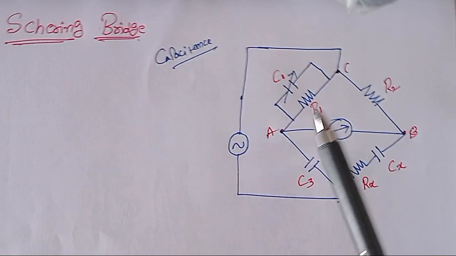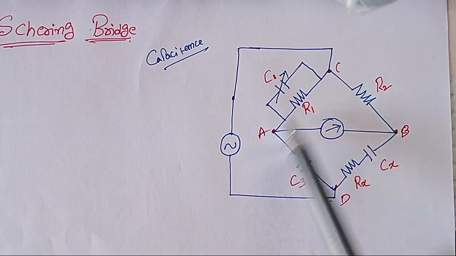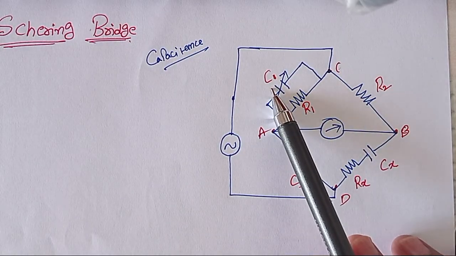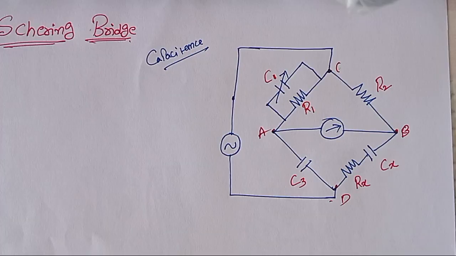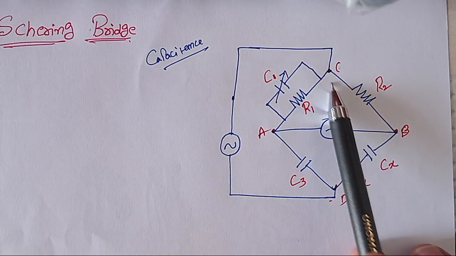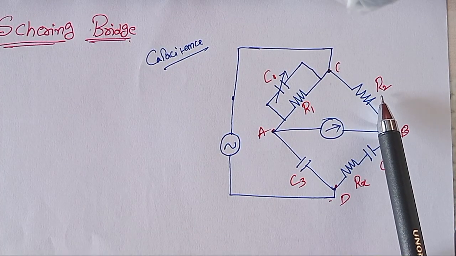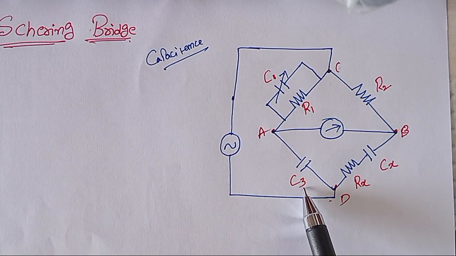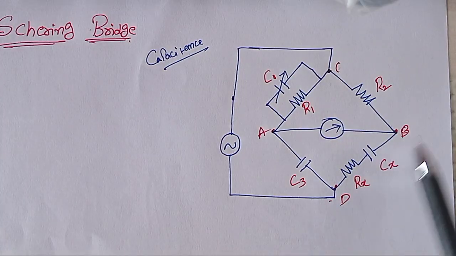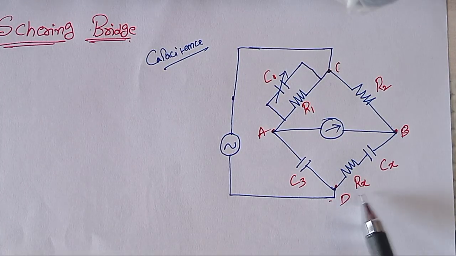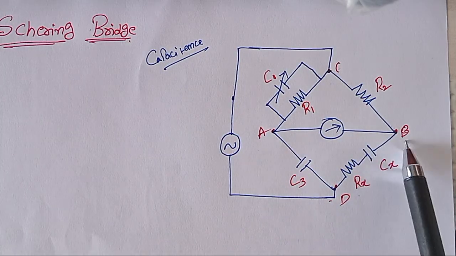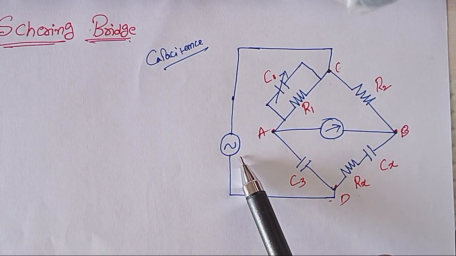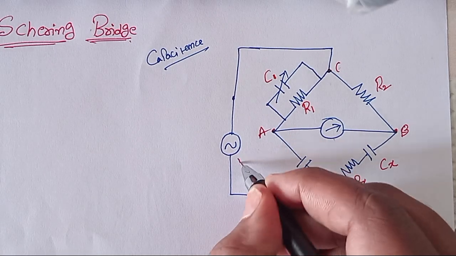From the construction point of view, between the terminals A and C, we're having the parallel combination of R1, C1. Between the terminals B and C, we're having resistance R2. Between the terminals A and D, we're having capacitance C3. Between the terminals B and D, we're having Rx and Cx. Between the terminals A and B, detector. Between the terminals C and D, voltage source.